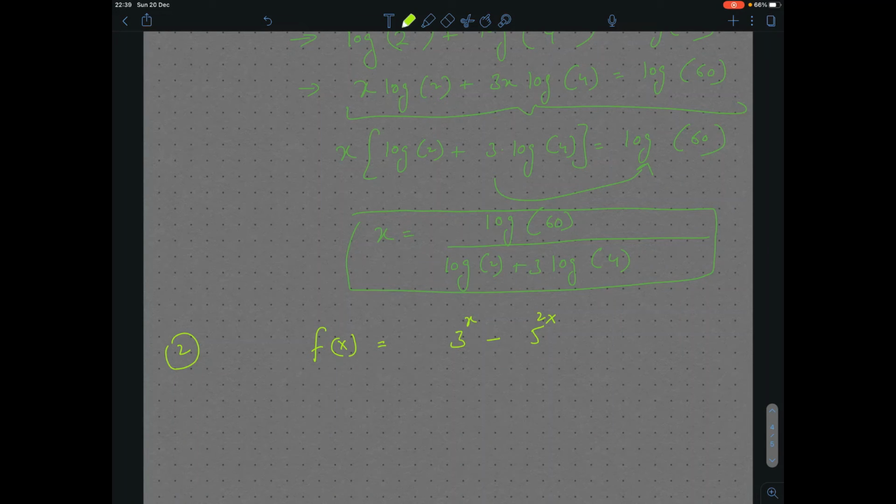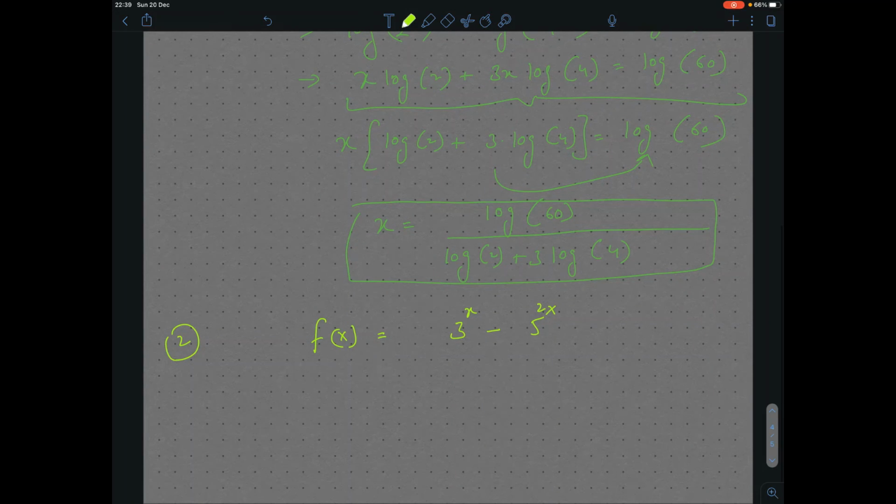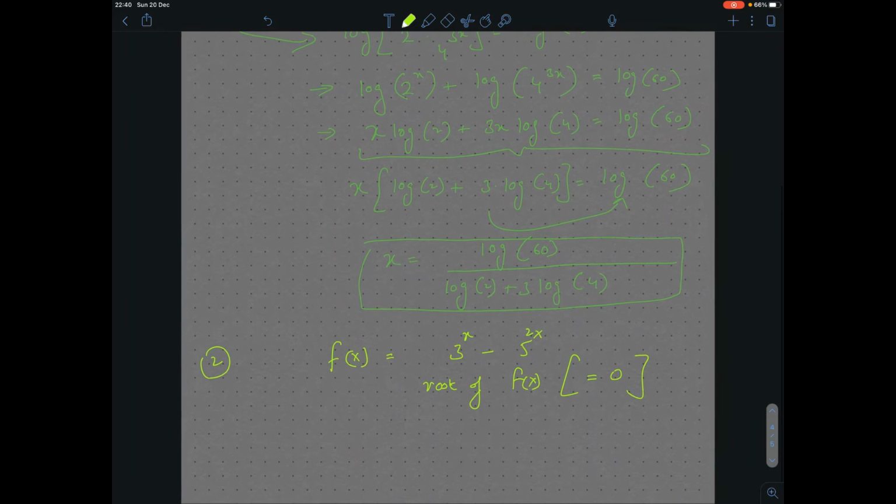The problem that we are trying to solve in this particular equation is to find the roots of this equation. So we need to find the root of f of x. That basically means equating that equation to 0 and then finding out the value of x. Okay, so let's see how to solve that problem as well.